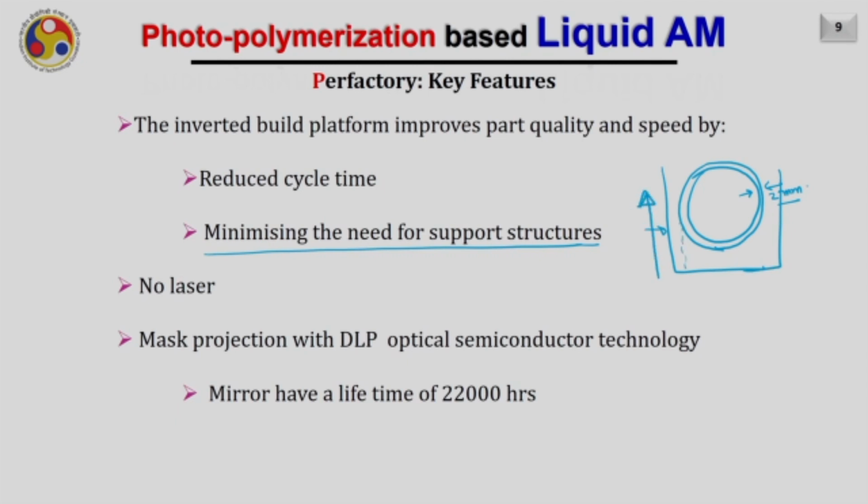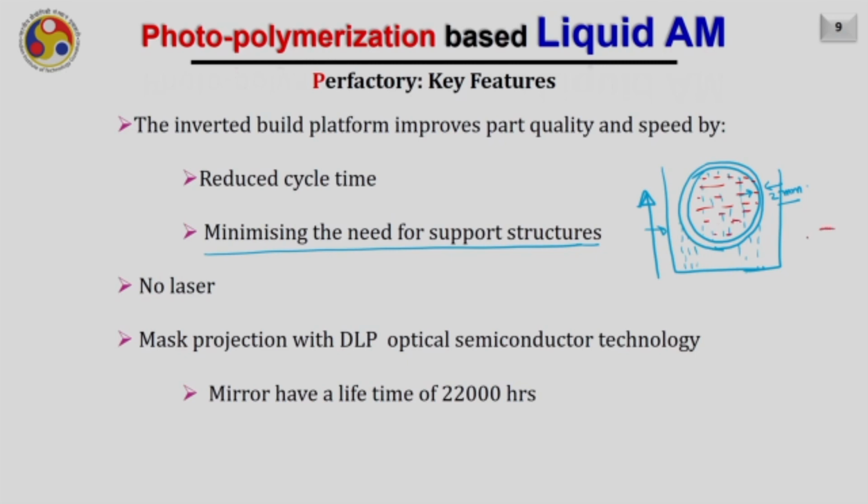The support will be required in this region, of course, as this is an overhang, and also support will be required from inside as well. After completion of the process, of course, the liquid material will get trapped inside the part, and there is no way of taking this liquid out as it's a closed ball kind of shape.